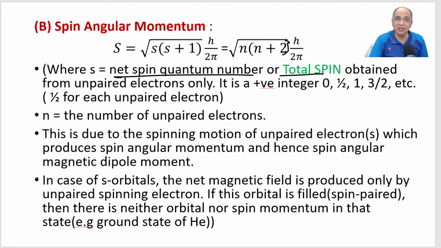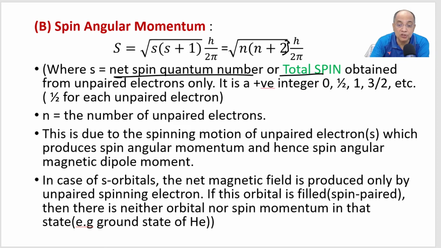So LS coupling is possible for the p orbital and d orbital, not for the s orbital, because there is no orbital magnetic field to influence the spin magnetic field. In the case of s orbitals, the net magnetic field is produced only by the unpaired spinning electron. If this orbital is completely filled, spin paired, then there is neither orbital nor spin momentum in that state.